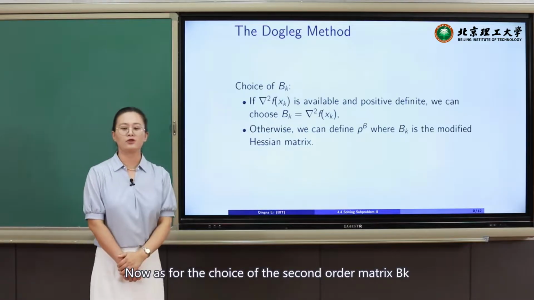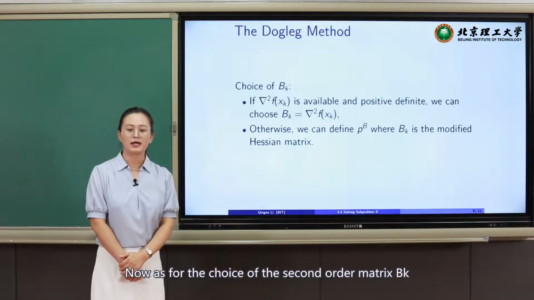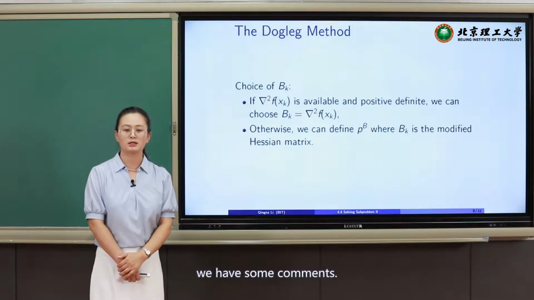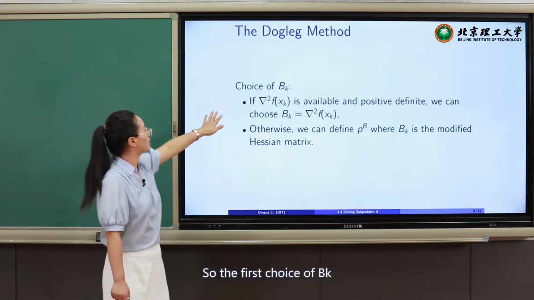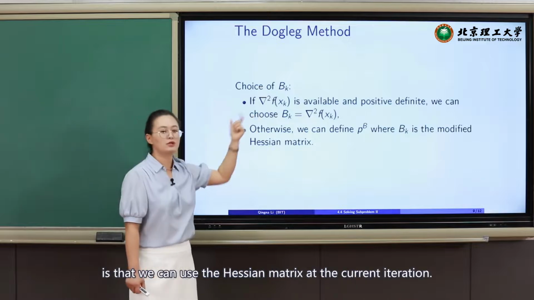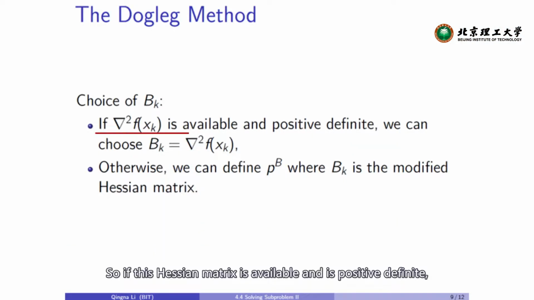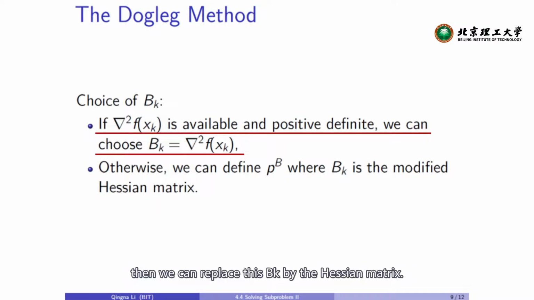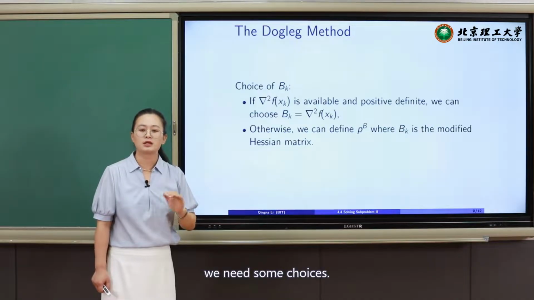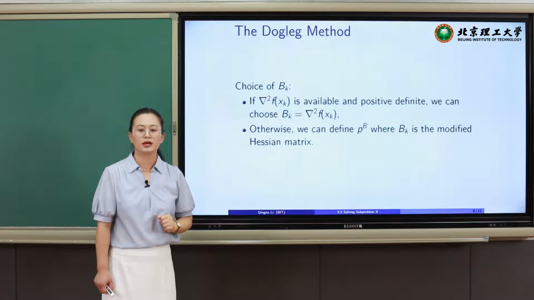Now, as for the choice of the second order matrix BK, we have some comments. The first choice of BK is that we can use the Hessian matrix at the current iteration. If this Hessian matrix is available and is positive definite, then we can, of course, replace this BK by the Hessian matrix. Otherwise, we need some other choice.